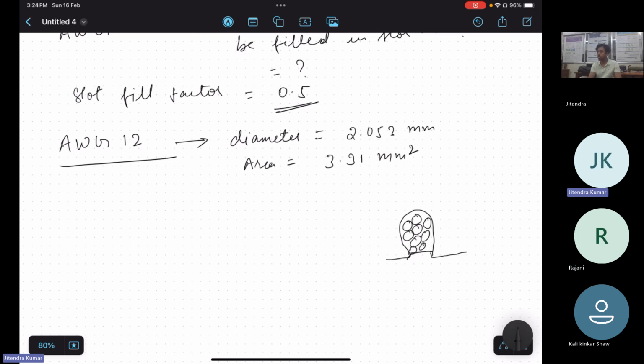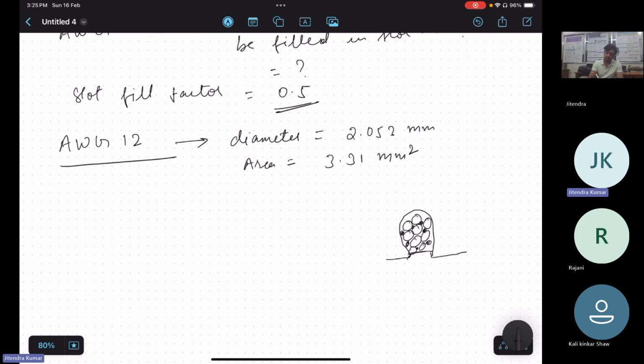By considering all those factors, and also these areas being unused, you cannot fill those areas. That is why with round wire, generally it is considered between 40 to 50%, and with rectangular conductor, it is considered nearly 70% also. Yes, sir, correct.